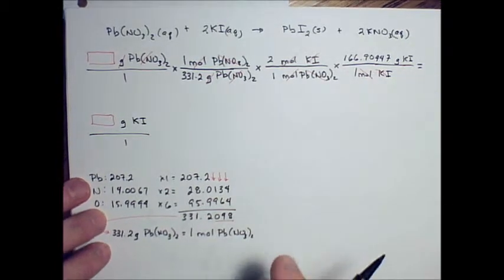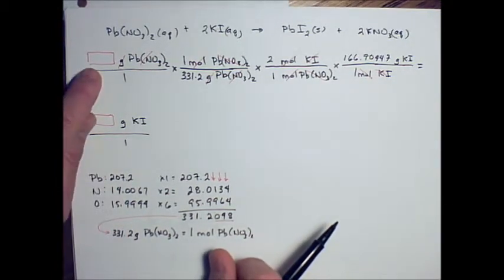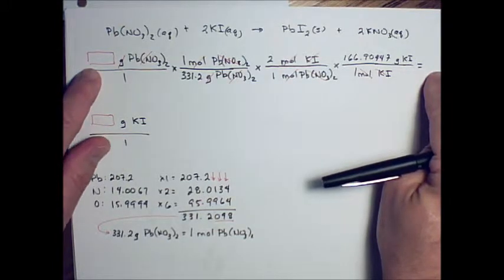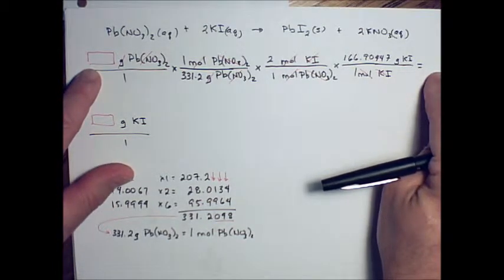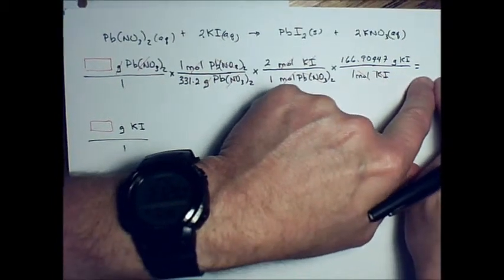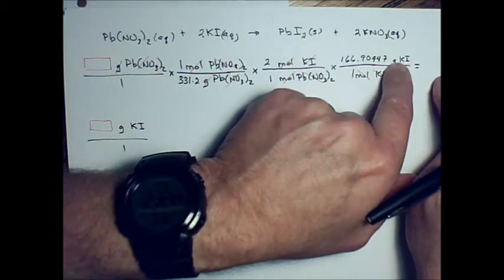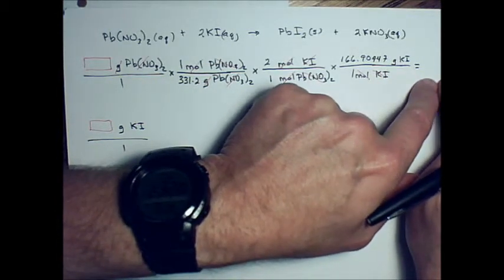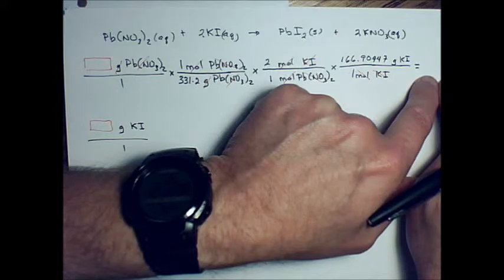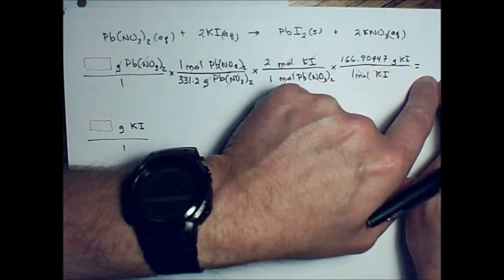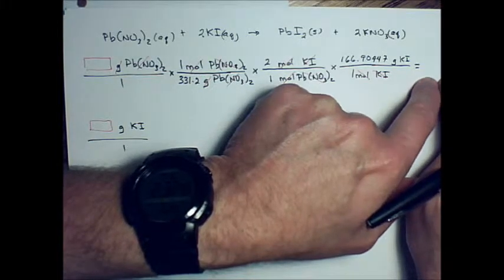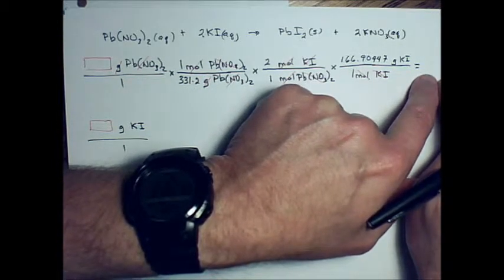Now, since everybody has a different starting amount, everybody's answer here is going to be different. And then what you have to do is apply the rule. The rule is, if this calculated amount, and this will be a mass of potassium iodide, is larger than the amount you actually measured out to yourself, then that species here is the limiting reactant.